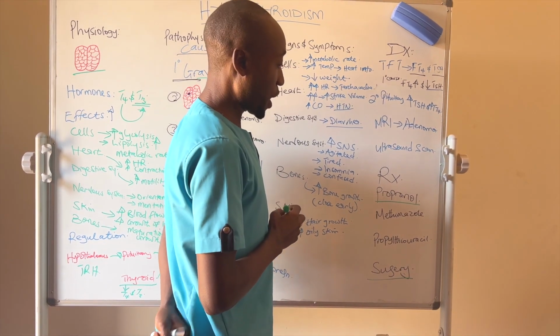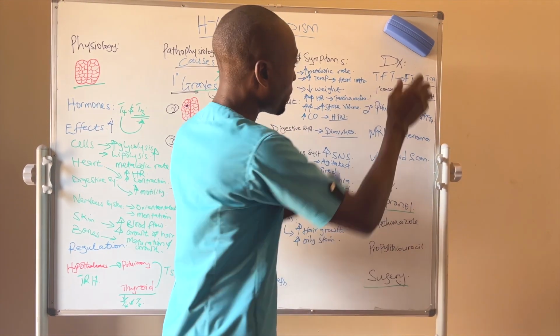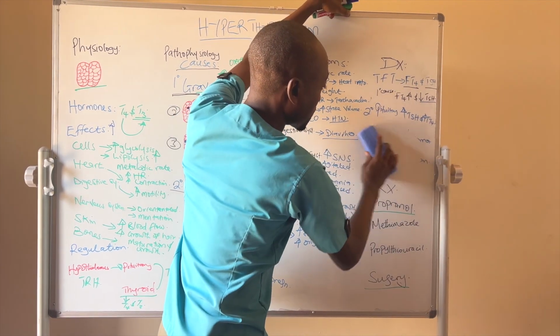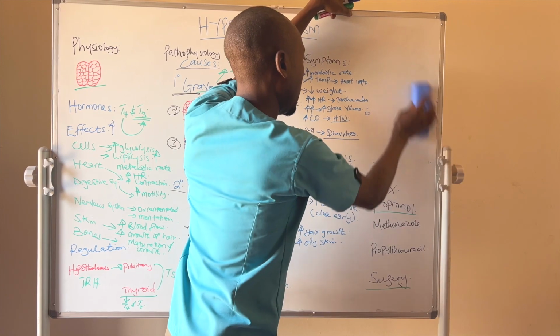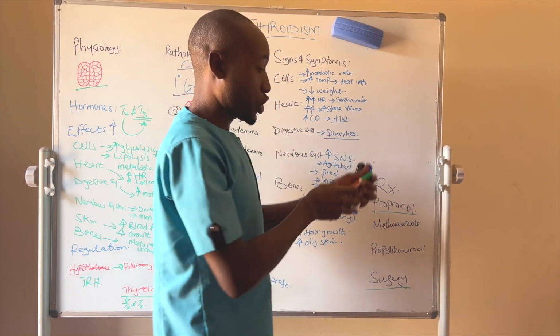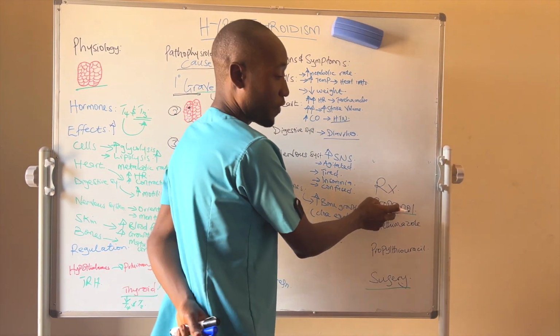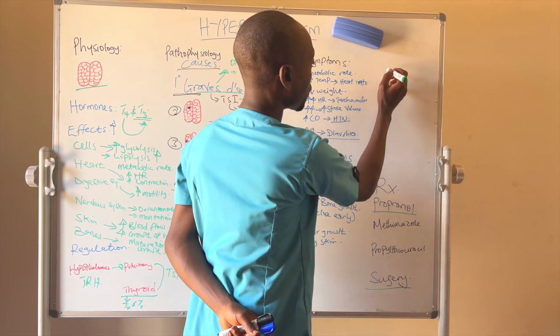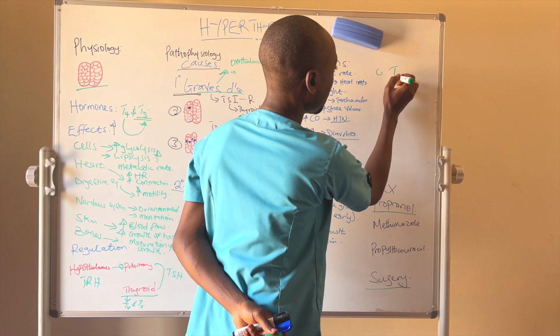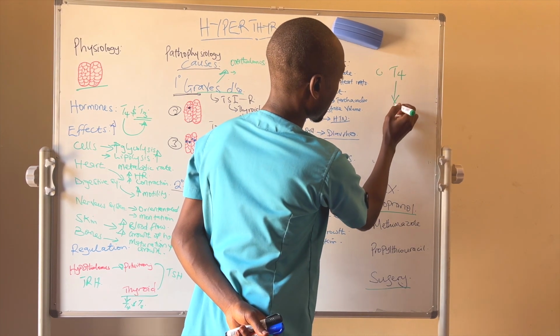Why do we like propranolol? We normally use propranolol because, if you remember, in the production of thyroid hormones there is a conversion of T4 to T3.